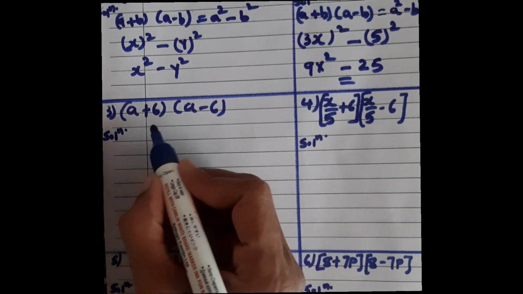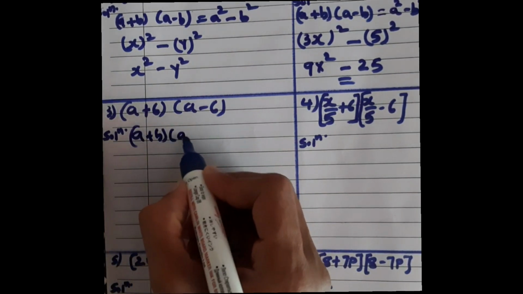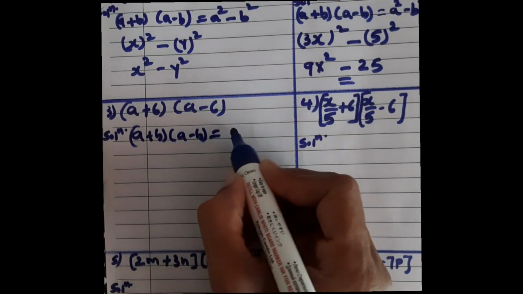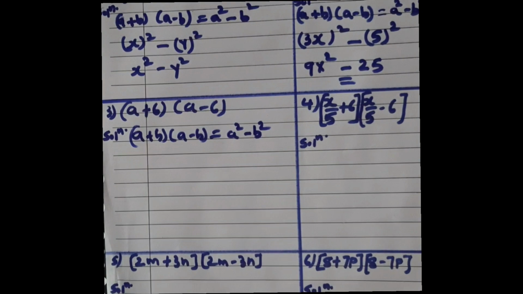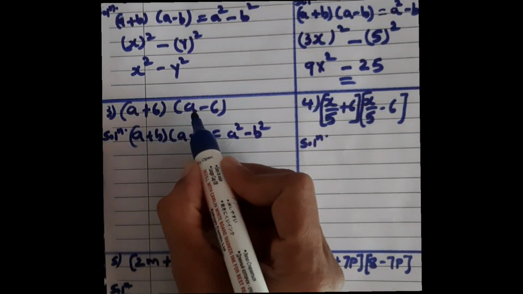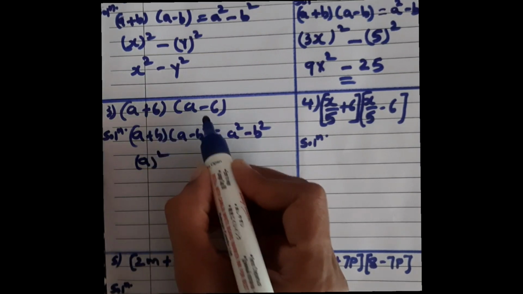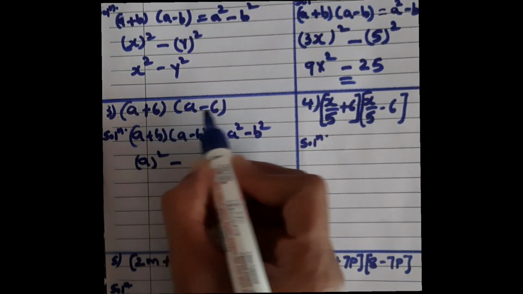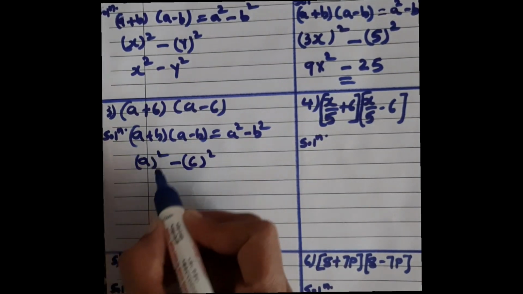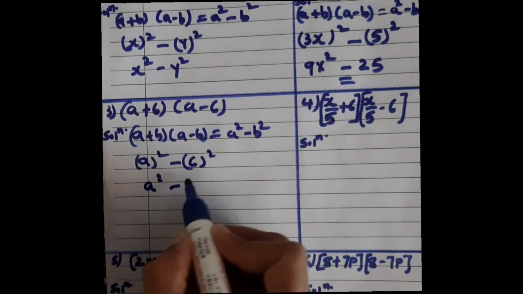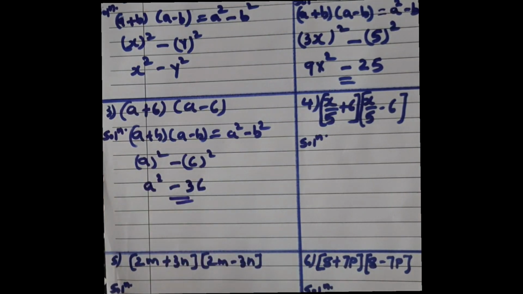This is also in the form of (a + b)(a - b) is equal to a square minus b square. A into a we have to multiply, a whole square, plus into minus, minus 6 into 6, 6 whole square. A into a means a square, minus 6 6s are 36. So this is our answer.